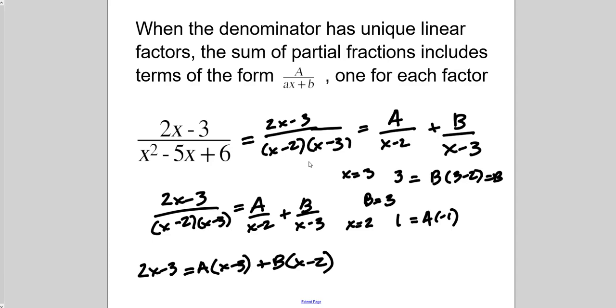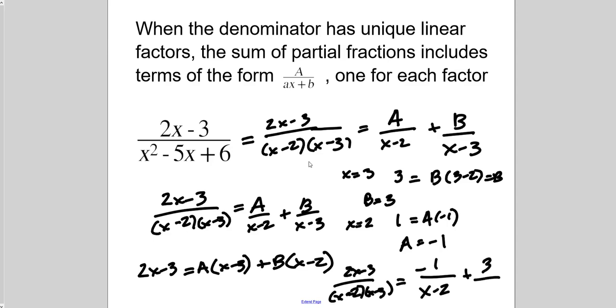So we get that a equals negative 1, which means that this fraction here, 2x minus 3 over x minus 2 times x minus 3 equals negative 1 over x minus 2 plus 3 over x minus 3.